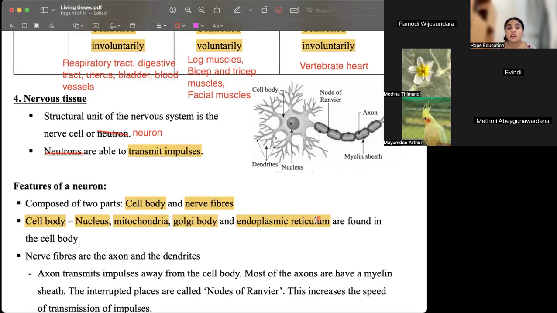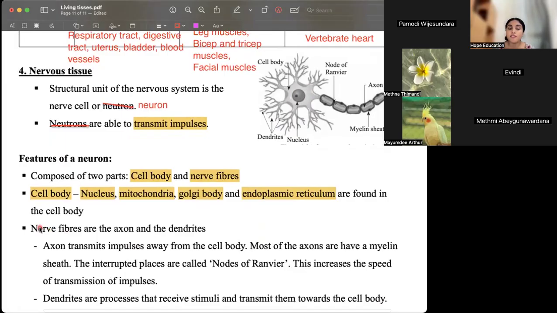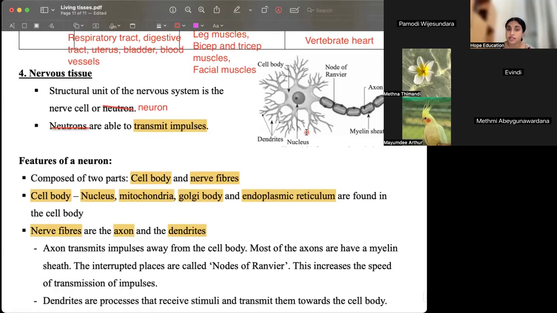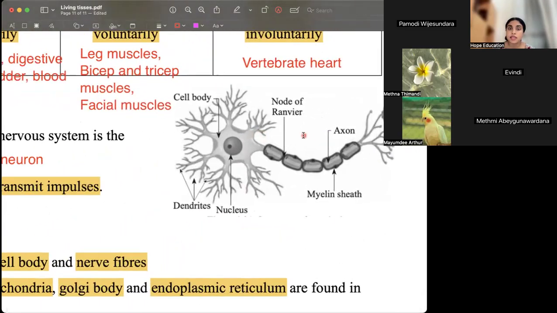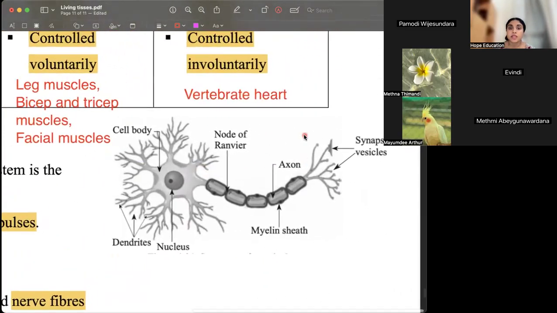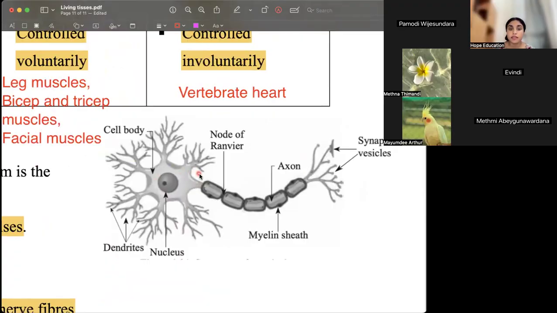Okay. So the cell body is here. Then nerve fibers. There are two types of nerve fibers. One is the axon, the other one is dendrites. Let me zoom this in. From the cell body there is a long fiber. That long fiber, we call it the axon.